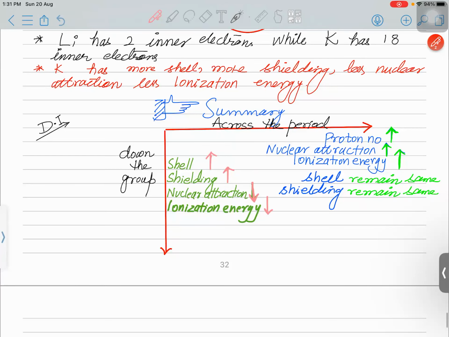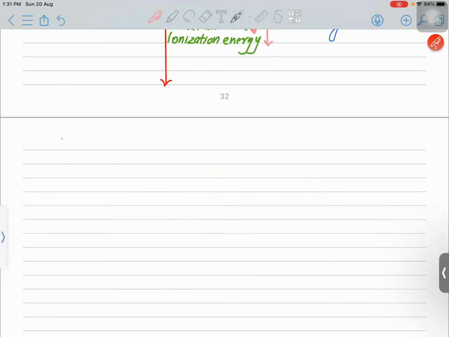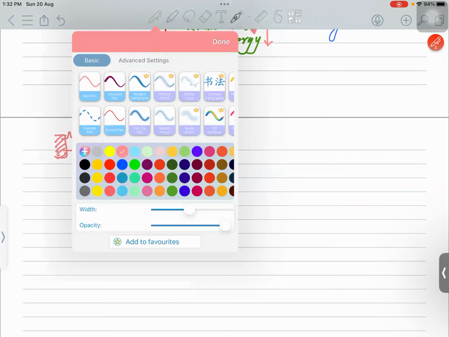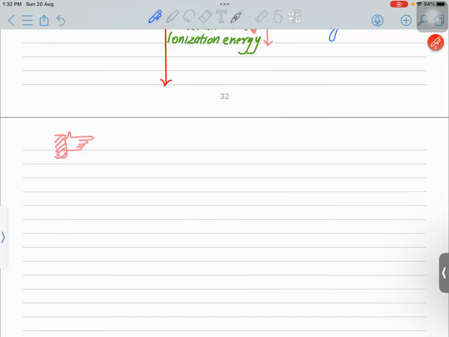Now, another DI. DI means doctor instruction, magical trick. You have to memorize this: BB Ammi NOPS.